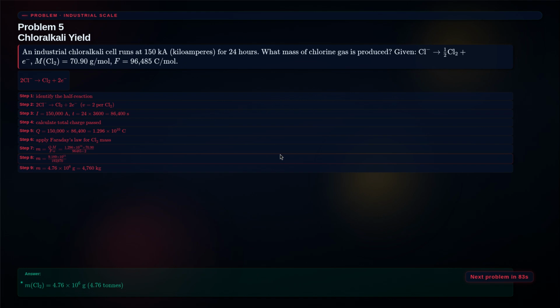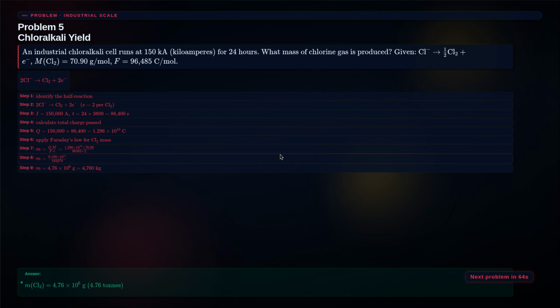Step 2. Calculate total charge. Q equals 150,000 times 86,400 equals 1.296 times 10 to the 10 coulombs. Step 3. Apply Faraday's law. Mass equals Q times M divided by F times v.